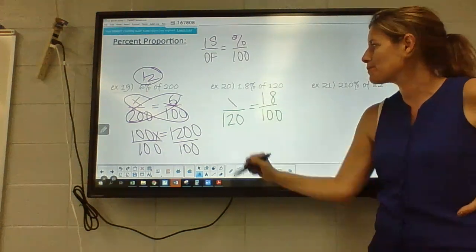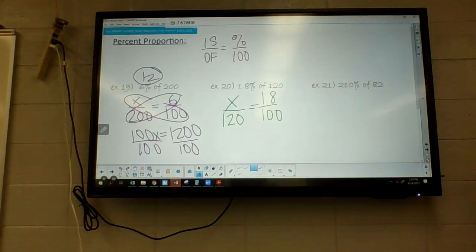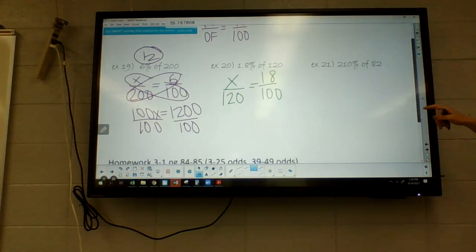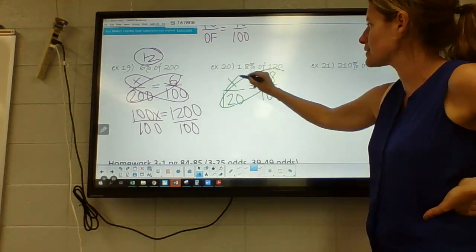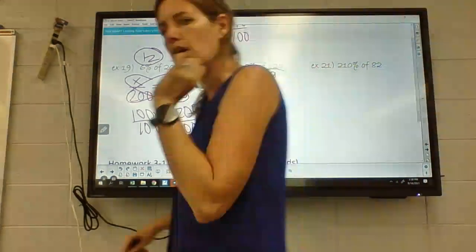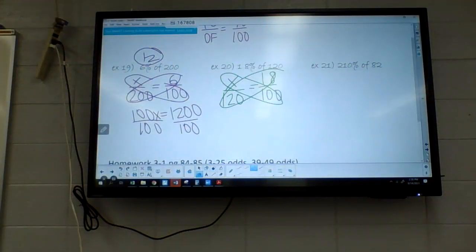One like this, I would not be able to do off the top of my head, so I would actually cross multiply and set equal. This one probably needs a calculator. It wouldn't be as obvious to me, it'd be a little bit tougher, to multiply 1.8 by 120.